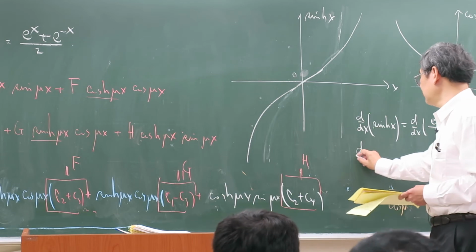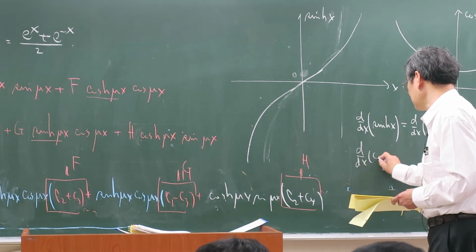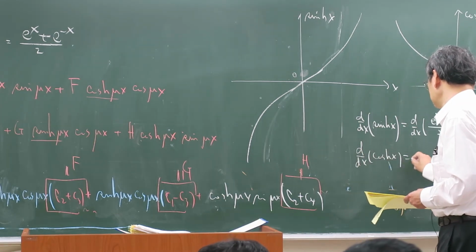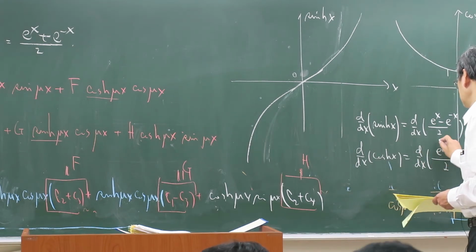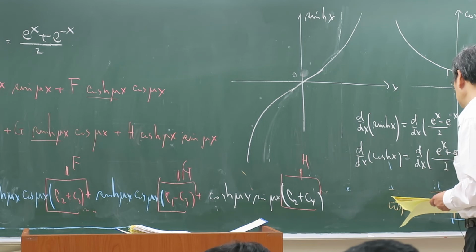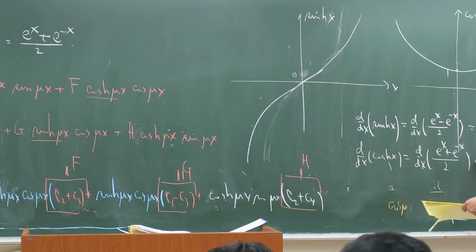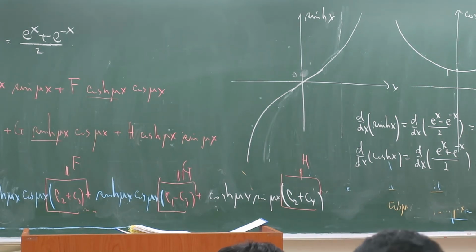And the derivative of hypercosine x equal to d/dx of half e^x plus e^(-x), which is equal to half e^x minus half e^(-x), equal to hypersine x.